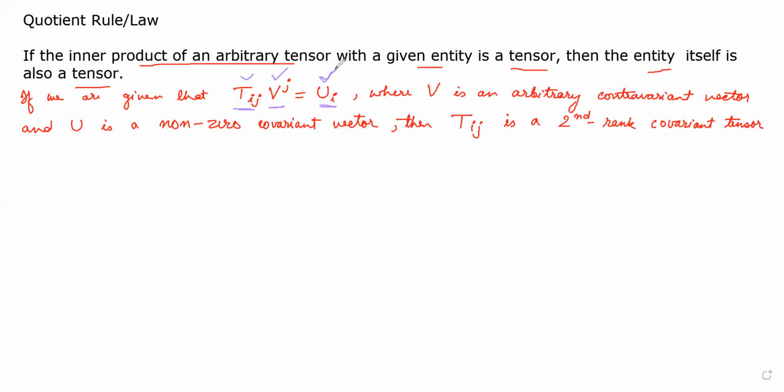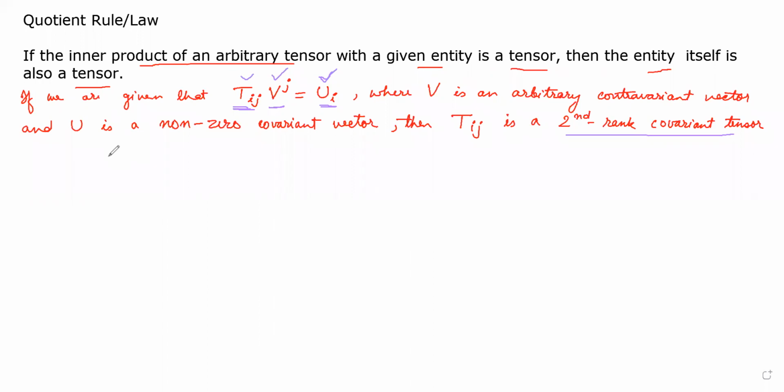Then according to the quotient rule, this object Tij should be a tensor. And then we'll also see that this Tij is a second rank covariant tensor. Okay, so let us see how we can prove this.